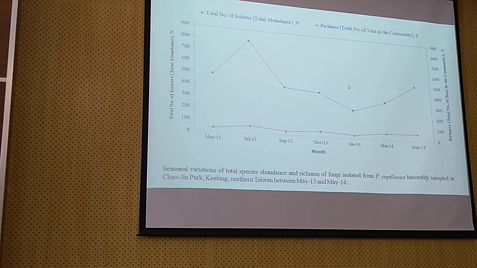It's not as cold as in Tianjin, but it's around 8 to 10 degrees during the winter time, so it's not so cold. But you find there's lower species richness and also lower species abundance during the comparatively colder months.